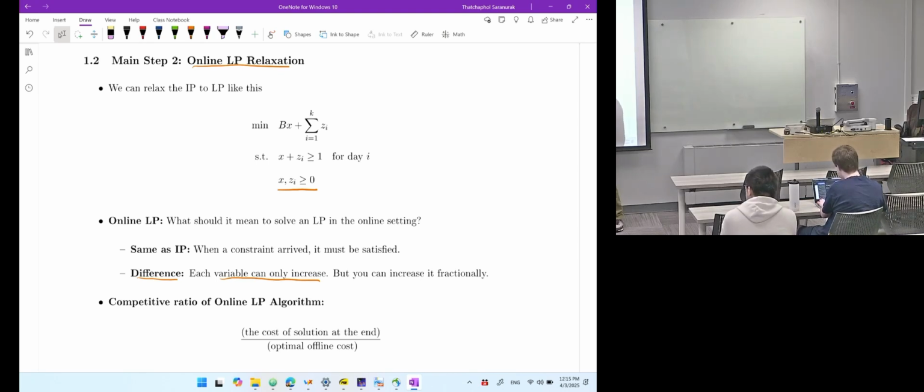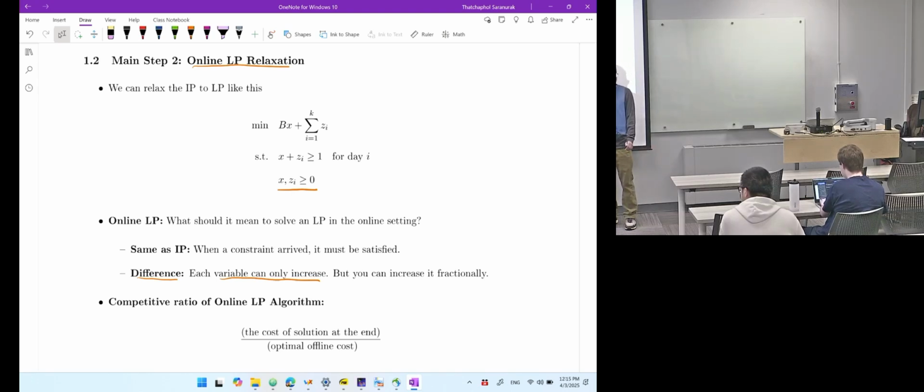Okay. So it's both fractional and offline. Yeah. So now our goal is to compare yourself to the algorithm that is both offline and fractional. Okay. So this is the goal.